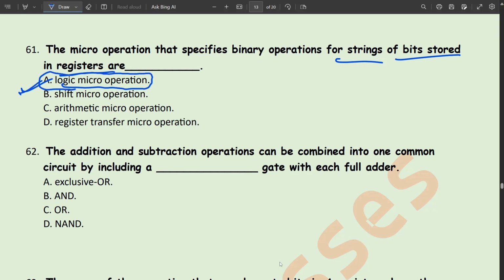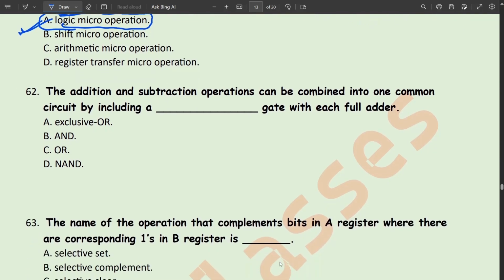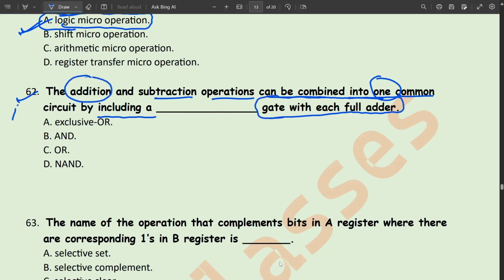Next, the addition and subtraction operations can be combined into one common circuit by including a gate with each full adder. So the main thing is addition and subtraction.